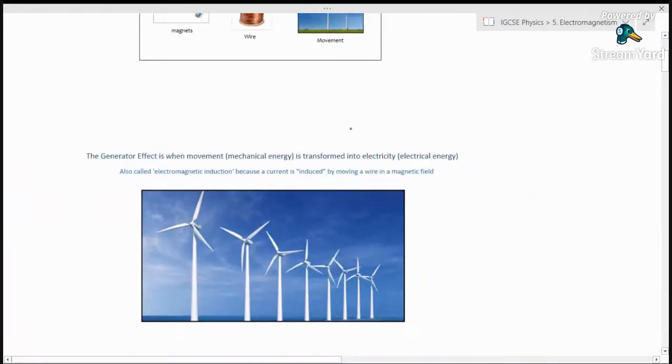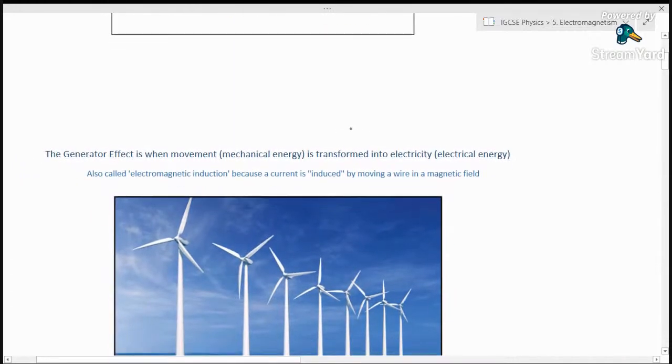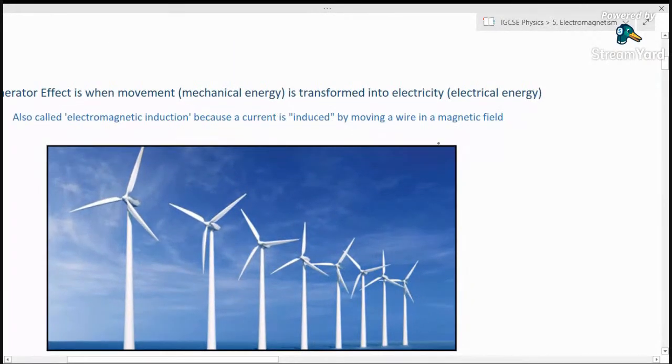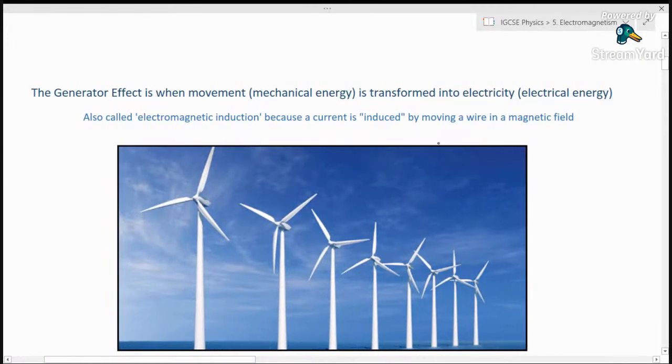So zooming out a little more, the generator effect is when mechanical energy, that just means physically moving something, is transformed into electricity. We're using mechanical energy, which is just something moving, and we're turning that into electricity.